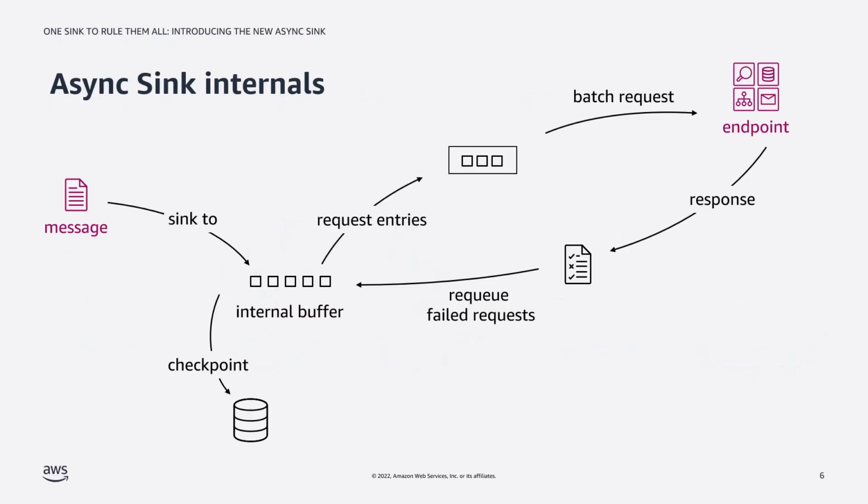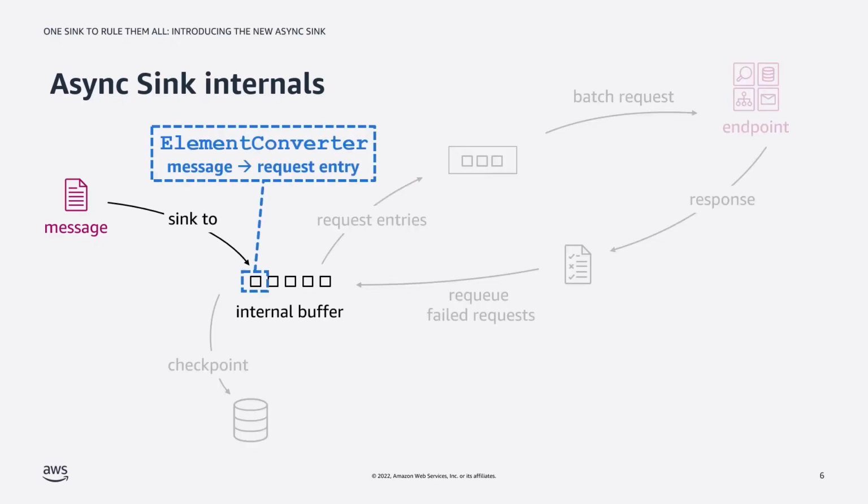So here's how the Async Sink works internally. On the left-hand side, we have a message, and we want to persist this message reliably into the endpoint. And there's a lot going on, so let's walk through this step by step. The first thing that happens is that when the sink receives a message from an upstream operator, it needs to extract those properties from the message that are essential to make the batch request later on.